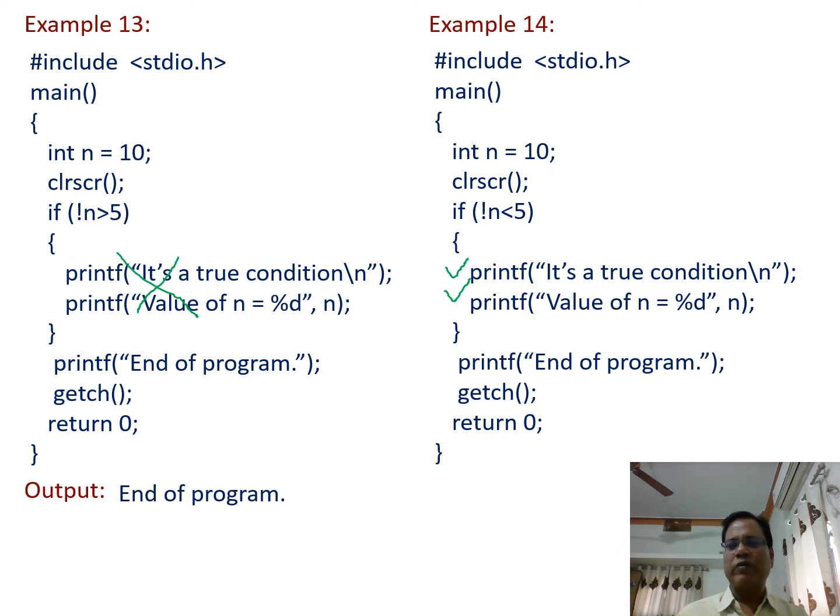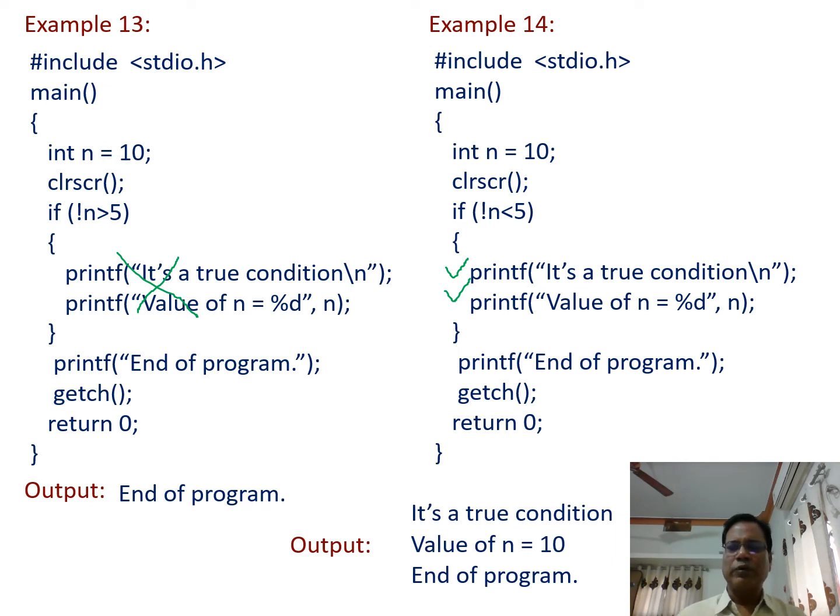The value of n equal to 10 is going to be printed, and out of this block, this printf statement prints the end of the program. That is, when the program is run, we get the output like this one: it's a true condition, value of n equal to 10, and end of the program.